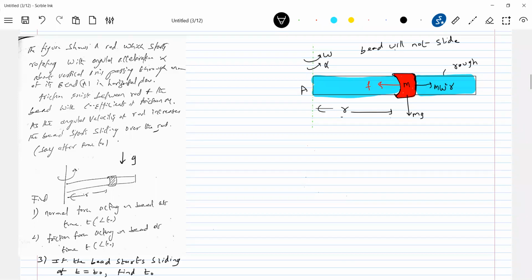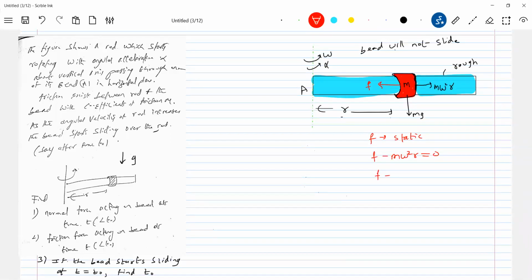Okay, let's come to this one. Initially, as the bead is not sliding, what is this friction, static or kinetic? The bead will not slide, therefore the friction acting should be static. So what is F equal to? F minus m omega square r should be equal to 0.